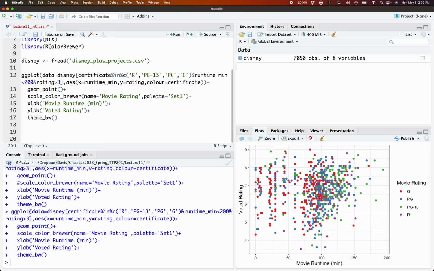So let's make our subset really quickly. And that's just going to be this data here. So I'm just going to copy and paste that.